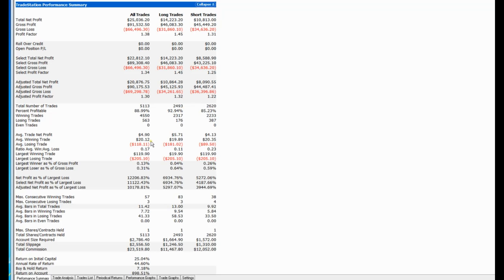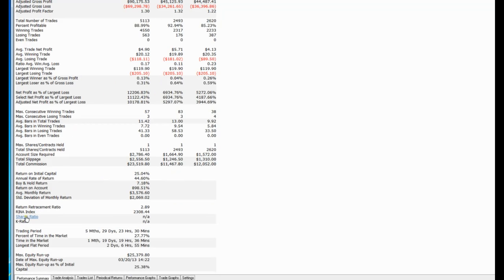Your average winning trade is roughly about that $20, so those extra trades aren't adding that much to it. It's interesting, your long trades have the higher average loss at 181, but don't forget they're getting a lot more time in them based on the back testing. And the shorts average about $90 on their losses. And if I scroll down, for those of you familiar with the Rina index, it's 2,308.